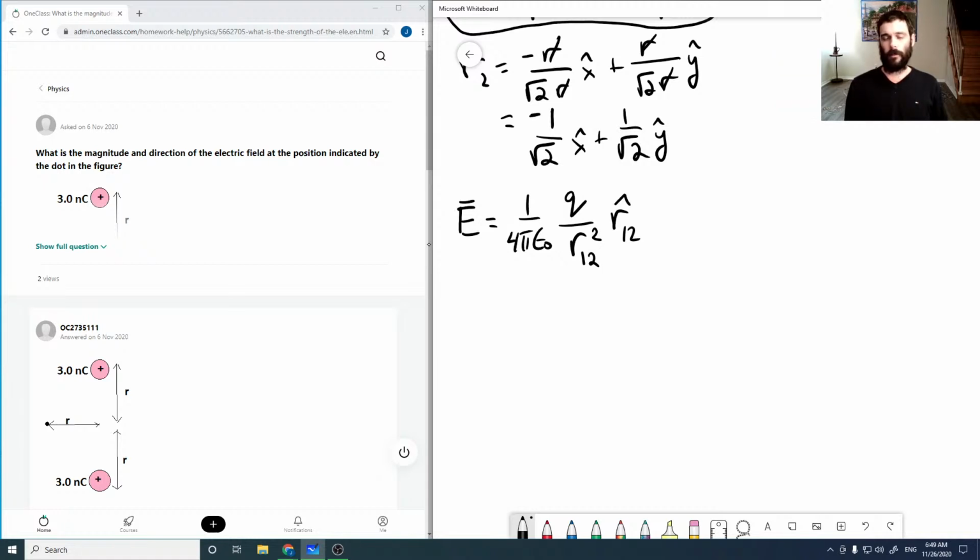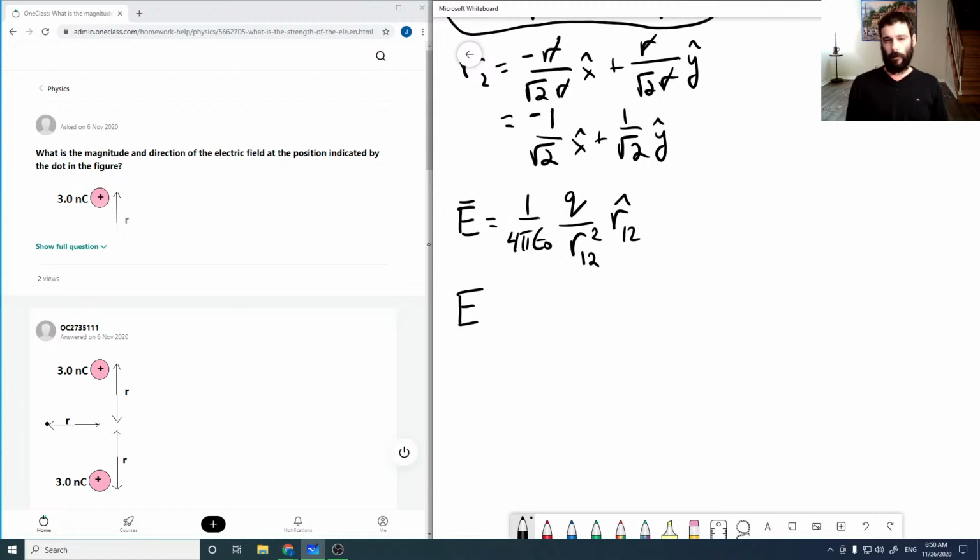So this is the distance between the charge and the point, and the unit vector between the charge and the point. So we've got two charges, 2 points. So our total electric field will just be the sum, but we can break it up into the different pieces.